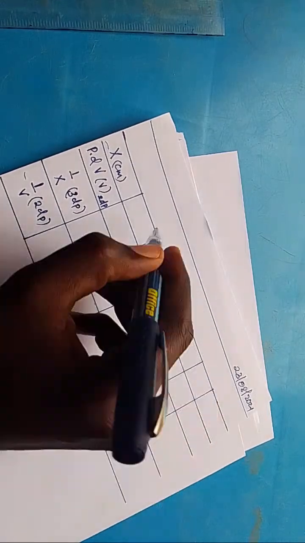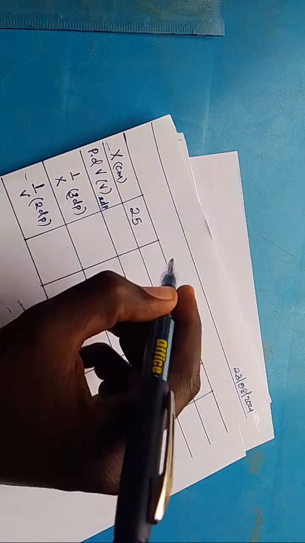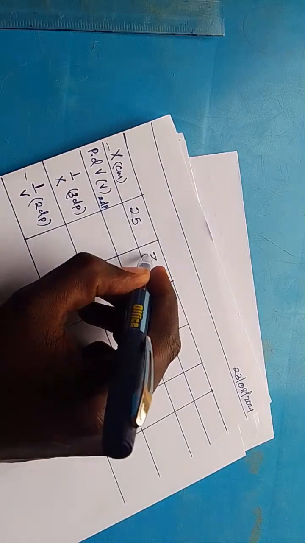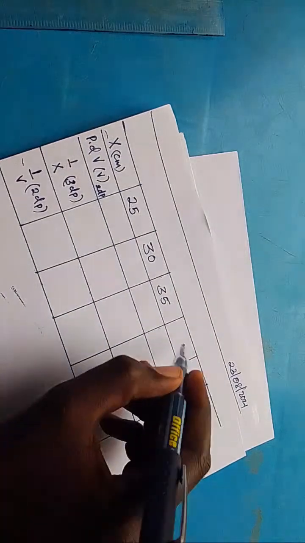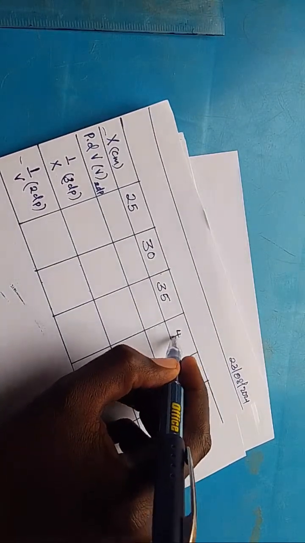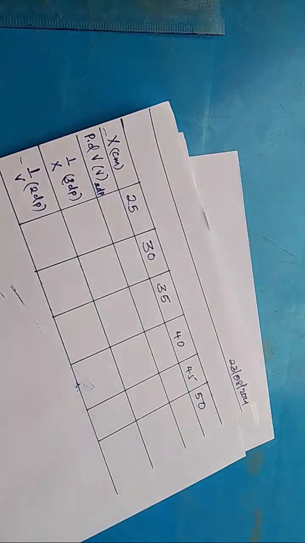So we'll have the x from 25, 30, 35, all the way to 50.